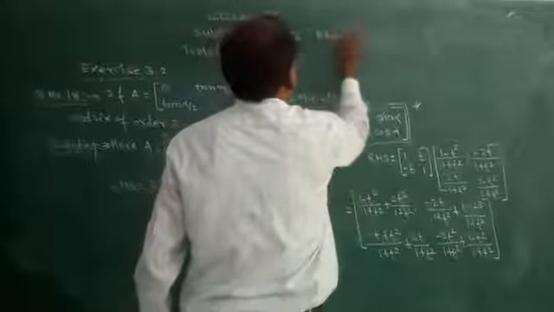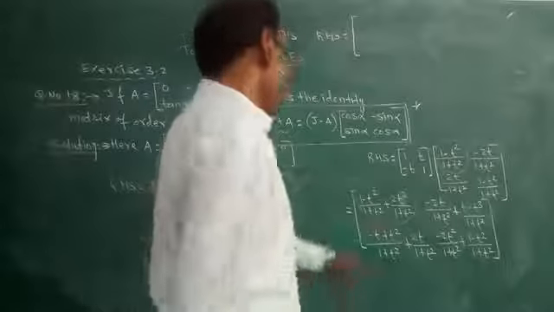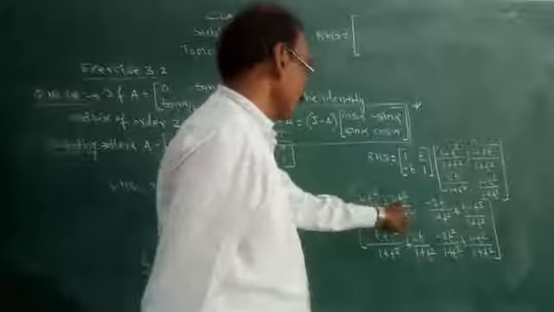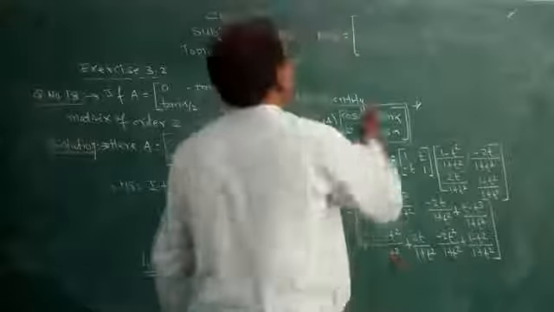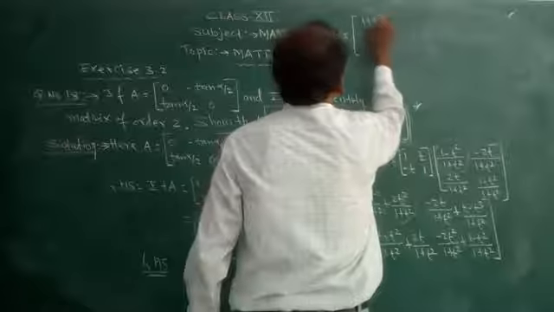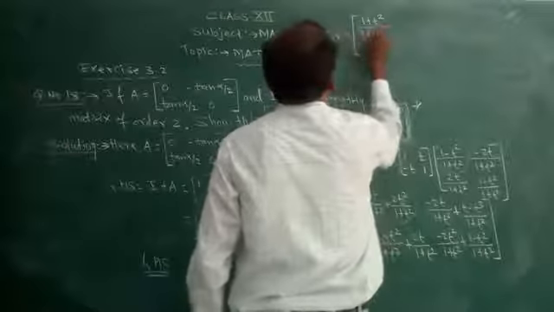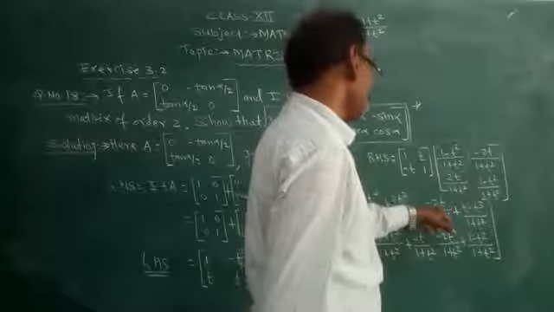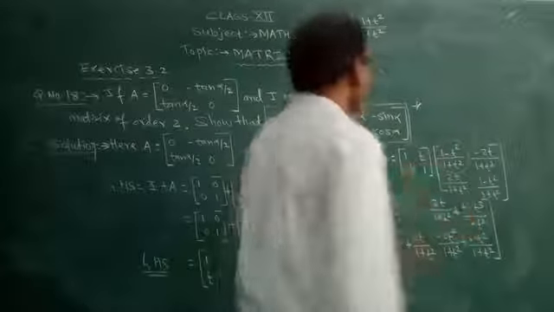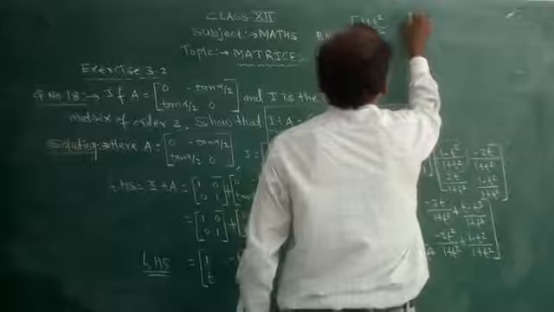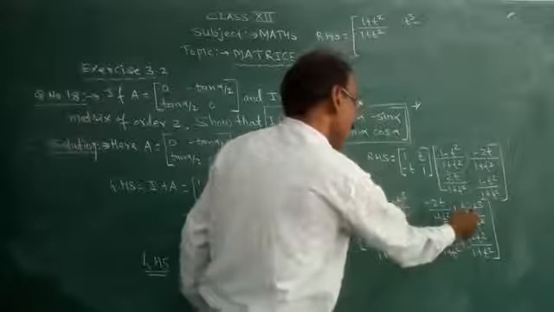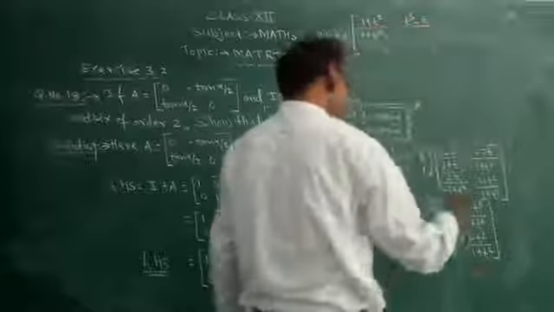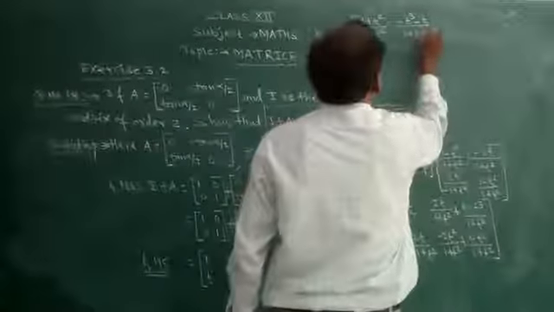RHS equals to: this is 1 minus t square, the denominator is the same, so 1 minus t square plus 2t square, so it will be 1 plus t square upon 1 plus t square. Here this is minus 2t plus t, that is minus t, so I can write this as minus t cube upon 1 plus t square.